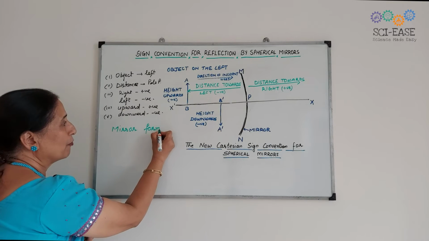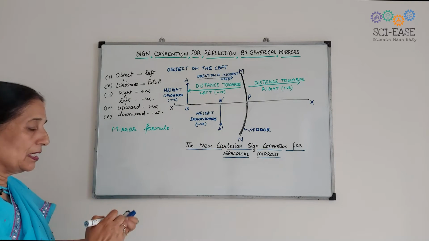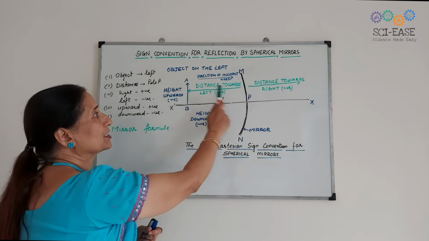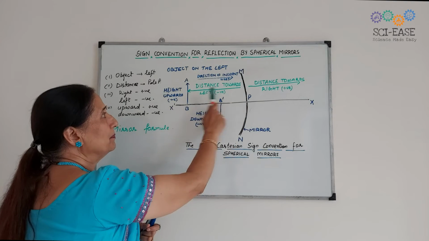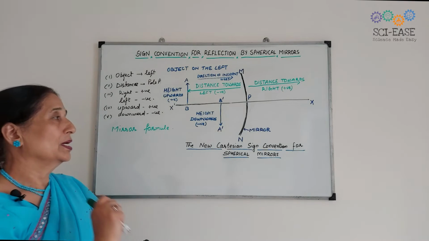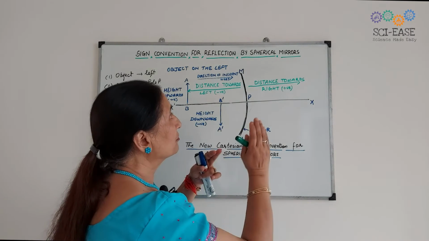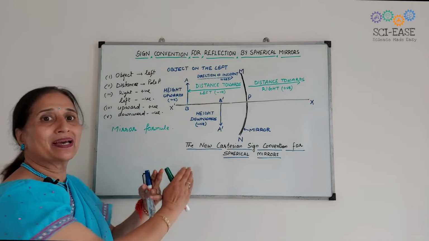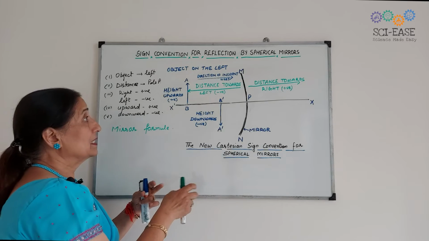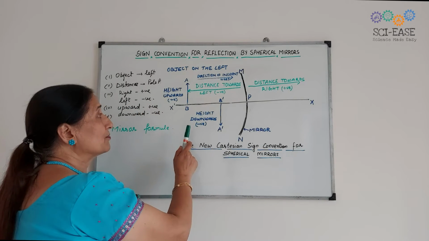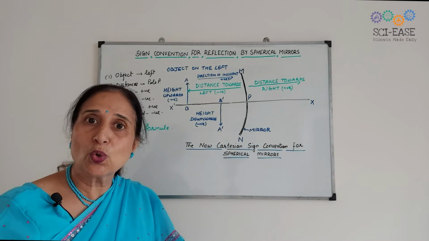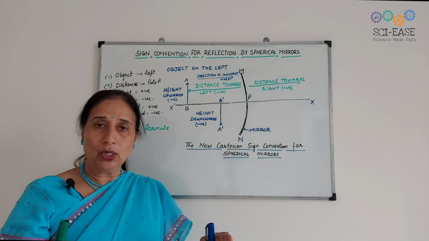And what is the mirror formula? Here, the distance of the object from the pole, from the mirror, is u. The distance of the image from the mirror is v. And the distance from the principal focus to the pole is known as the focal length, f.